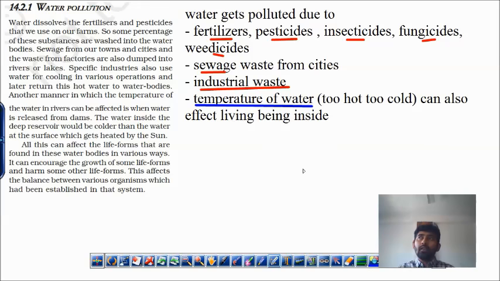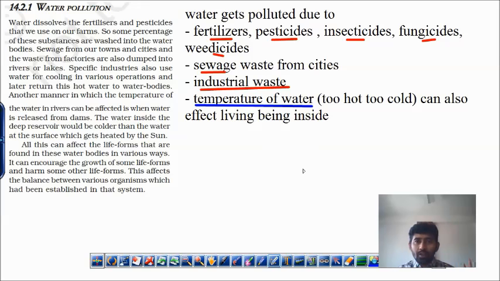हमको लगता है कि पानी गंदा है, ब्राउन कलर का है, क्लियर नहीं है, टेस्ट विचित्र है, तो वो पोल्यूटेड है, राइट? बट वाटर इज क्लियर, zero bacteria, zero chemicals, everything is perfect.